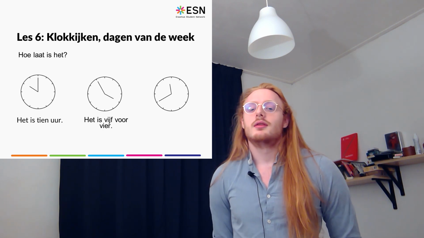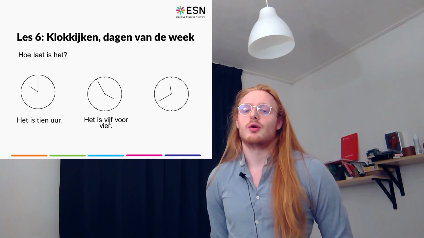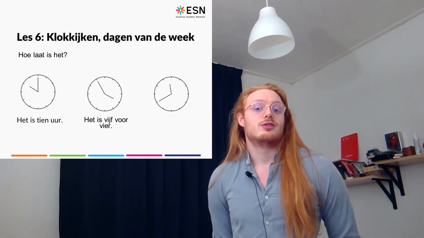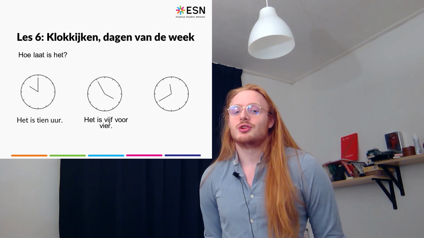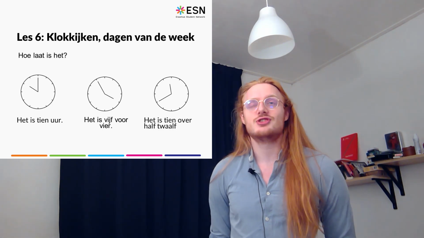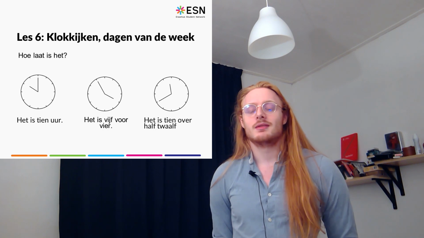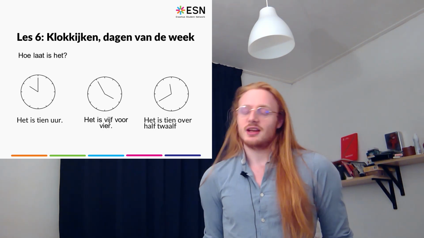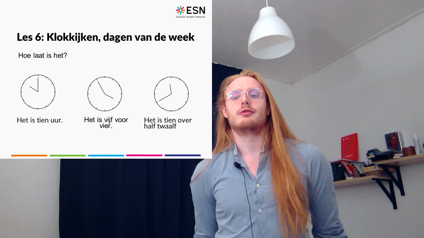And the last one, the big handle is on the 8, the small handle is near the 12, so it is 11:40, and in Dutch you would say it is 10 over half 12. Yes, so that's it. That's all there is to it. It takes some practicing, but I'm sure you'll figure it out.